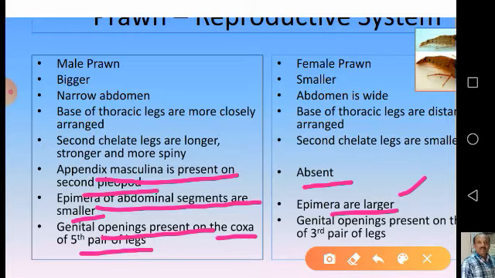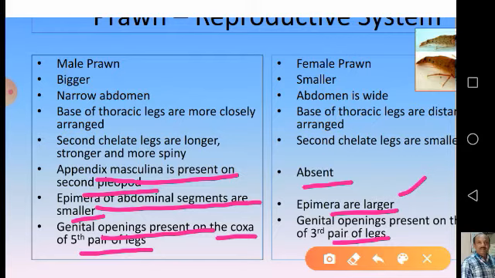On the fifth pair of legs, the female genital apertures cannot be seen, because the genital apertures of the female prawn are present on the third pair of legs. So this clearly differentiates.